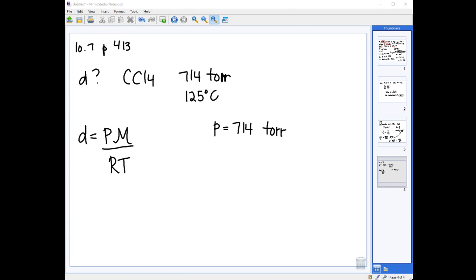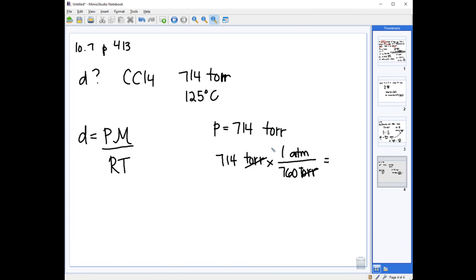No, we need atm. So I've got to convert between atm and torr. I'm going to get my cheat sheet, and I know that 760 torr is equal to 1 atm. So 714 torr times 1 atm over 760 torr.